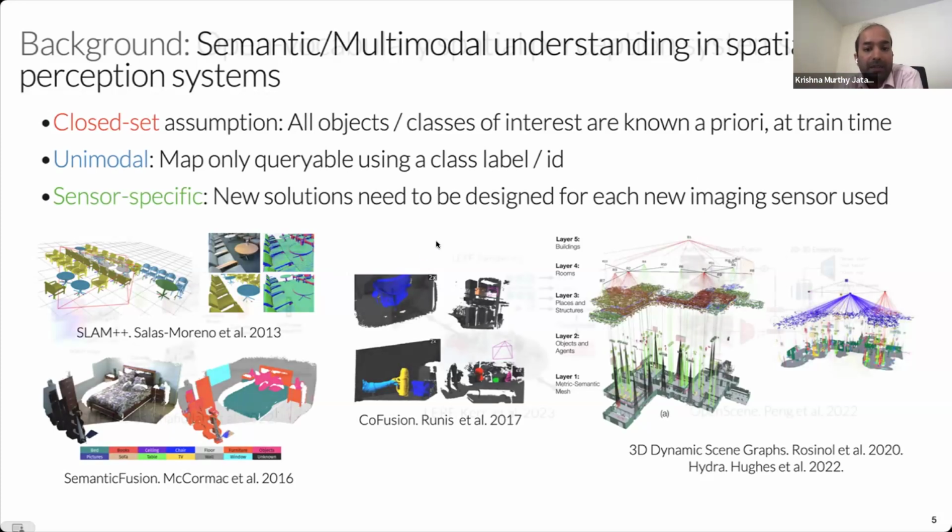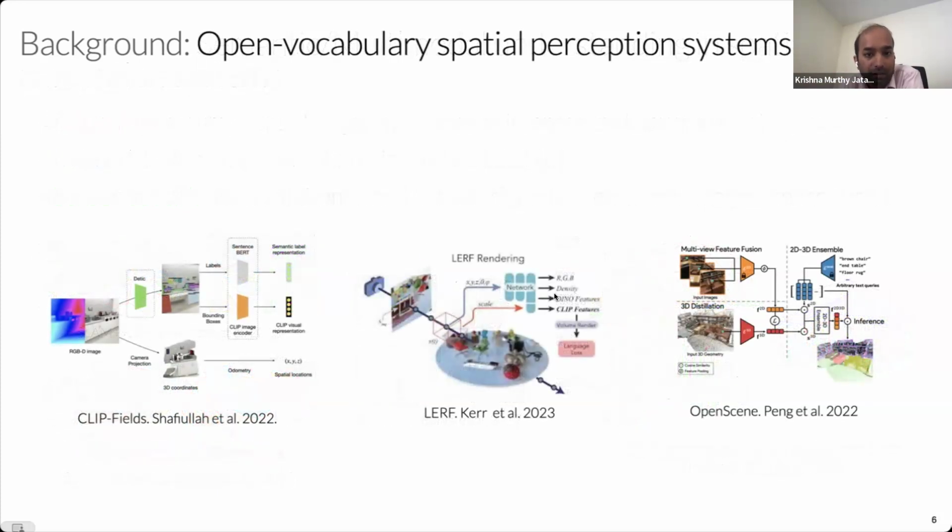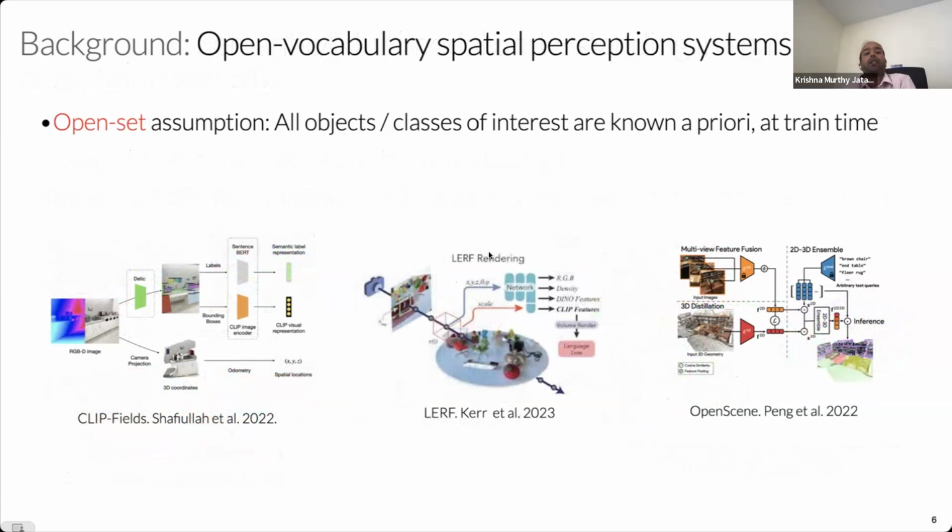But if you now look at, oops, okay, I think you can see this now. Since 2022, 2023, the last year and a half or so, we've been seeing this significant shift towards the open set setting, which is the assumption that you do not know all classes of interest at train time, but you do assume access to a very large train set in which a lot of related concepts of classes are covered.